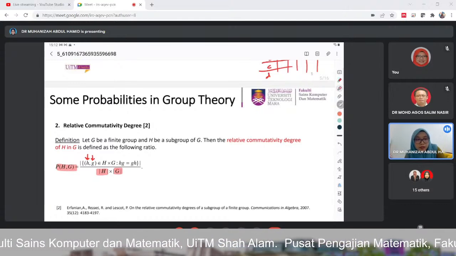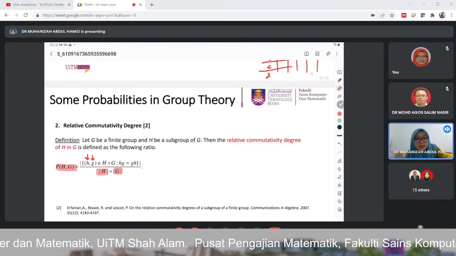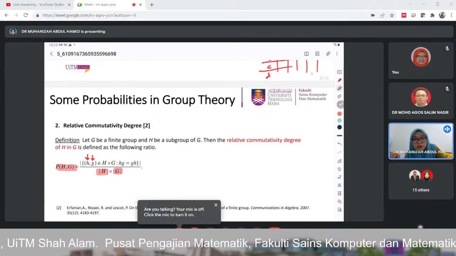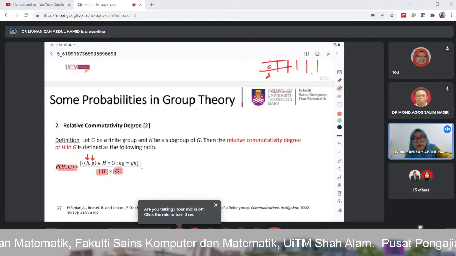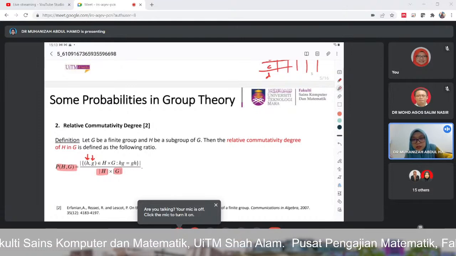Okay, but now, to be a subgroup of a group, you can just think of a subset of a set, but it must satisfy some properties to be a subgroup.